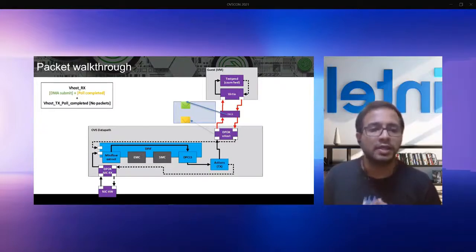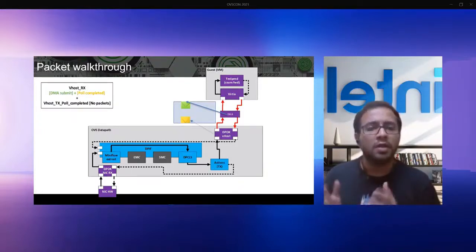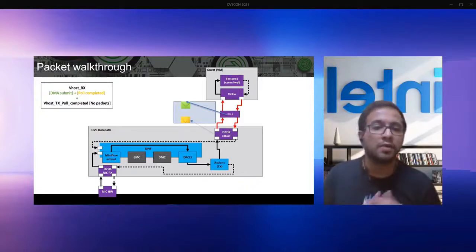So it initiates a DMA transfer for it and proceeds to check if there are any DMA completions. Turns out the yellow packet is copied by this time and ready for further processing by OVS. OVS then proceeds to check if there are any DMA completions on the TX interface. But this time there aren't any.